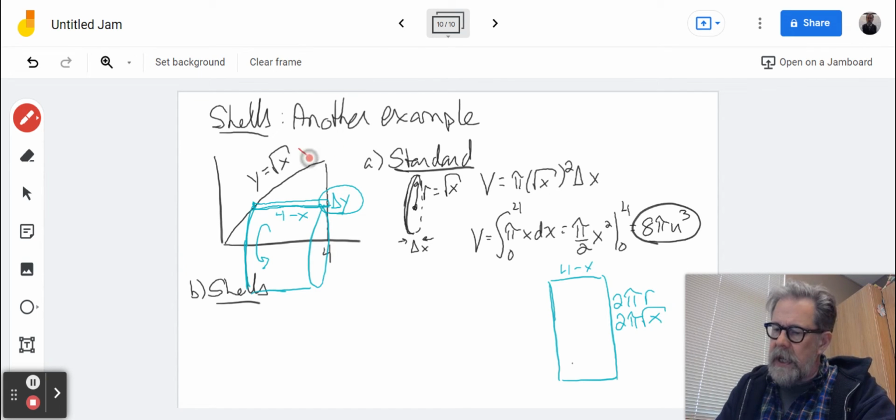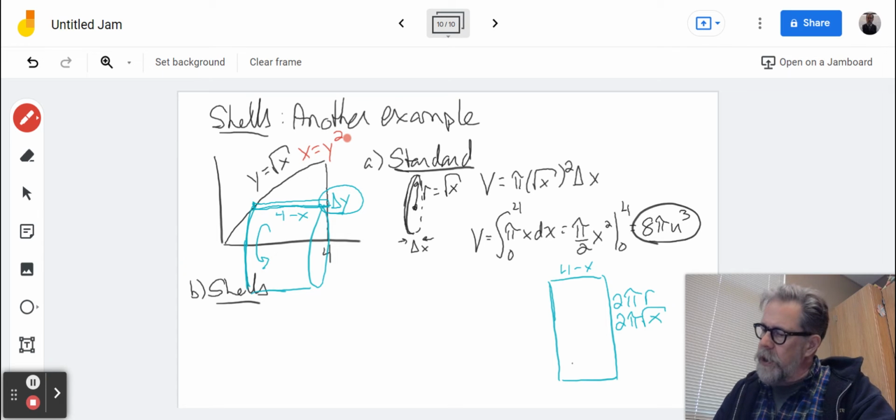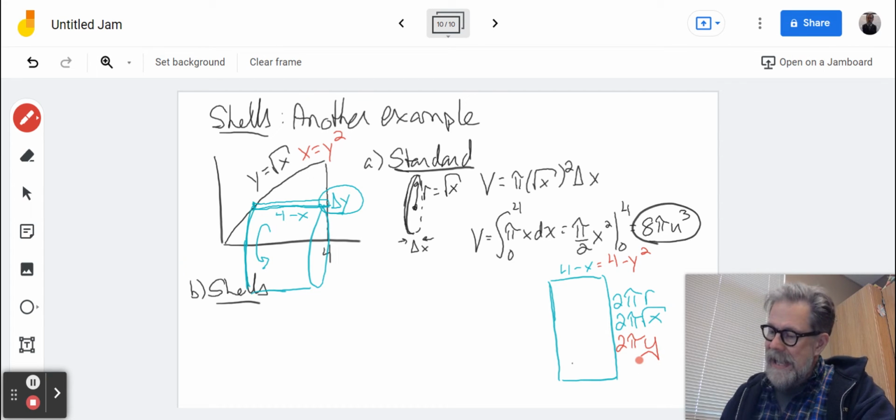Well, x is equal to y squared, which means that this is equal to 4 minus y squared. And the square root of x is therefore equal to y, so this becomes 2 pi y.